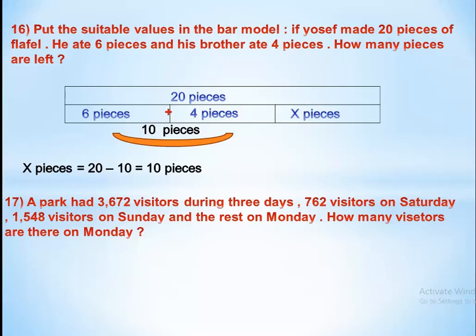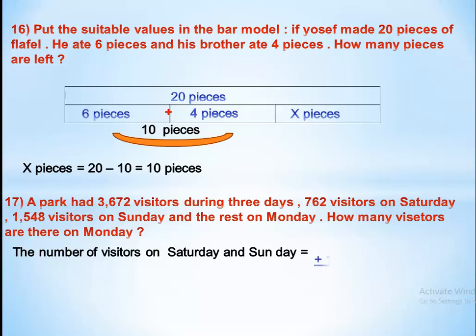A park had 3,672 visitors during 3 days, 762 visitors on Saturday and 1,548 visitors on Sunday, and the rest on Monday. How many visitors are there on Monday? So calculate first the visitors on Saturday and Sunday.